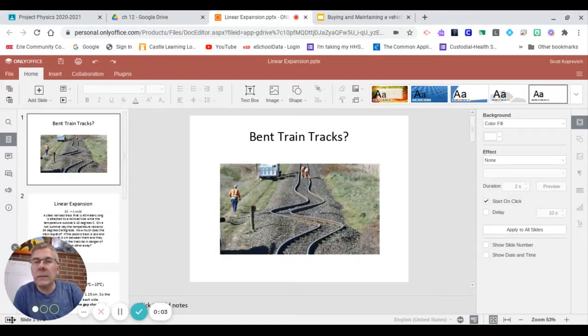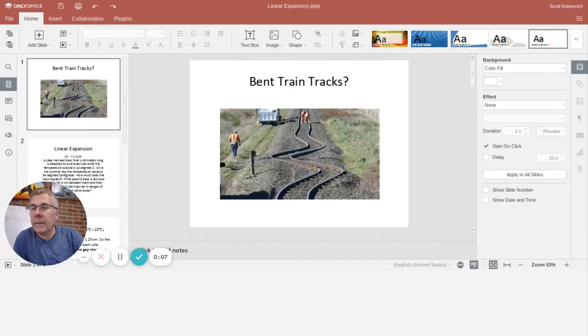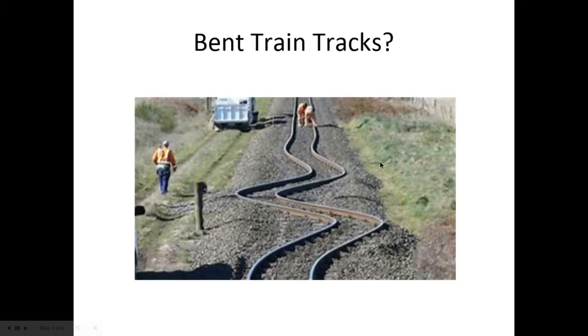All right, this is chapter 12. Now, this is a picture of bent train tracks. All right. And the reason behind this is what happened was when they laid the train tracks down, all right, and then they welded all the tracks together, it then heated up.